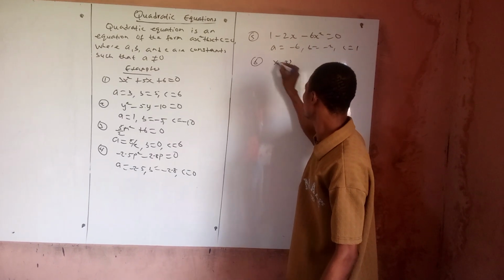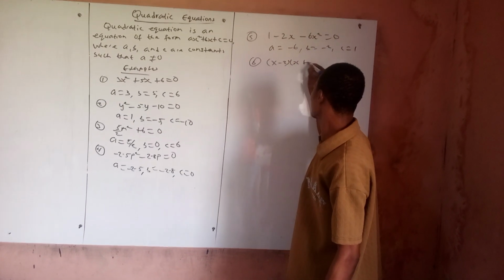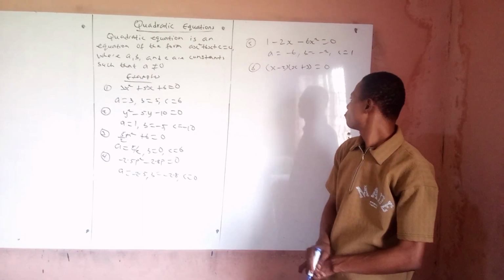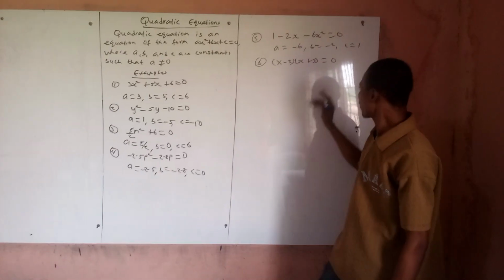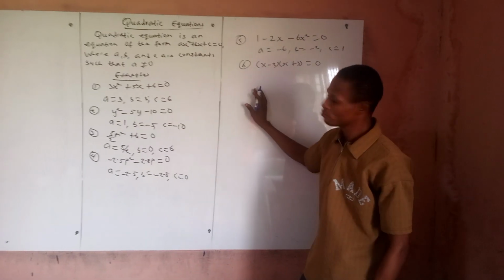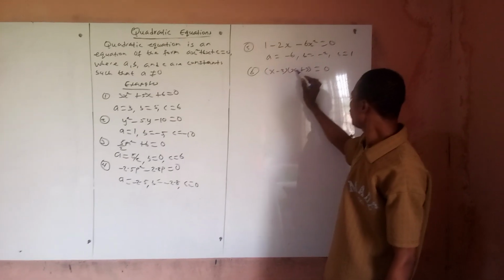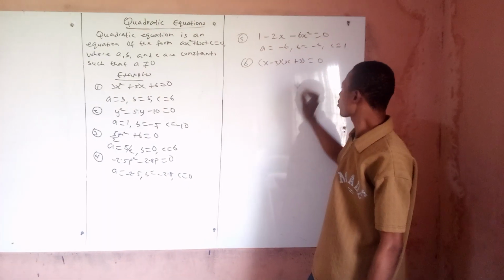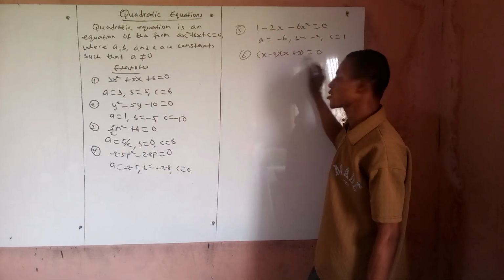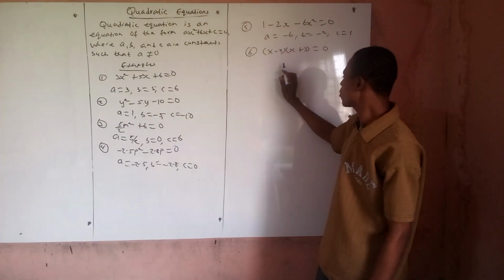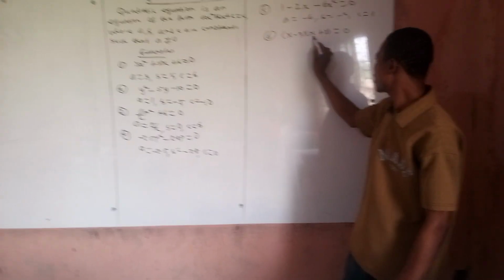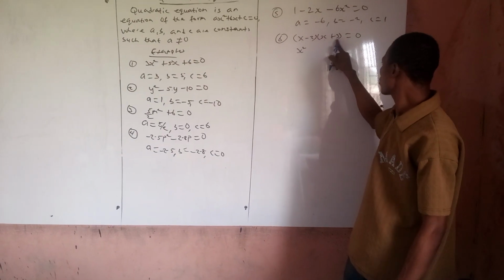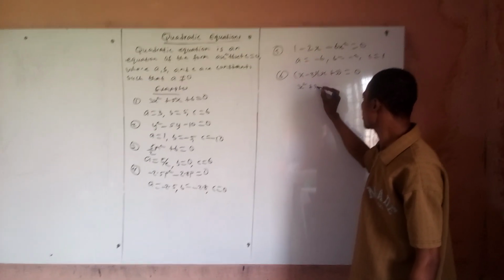Next: x minus 2 times x plus 3 equals 0. Is this a quadratic equation? You cannot just say yes, you cannot just say no. If you look at it, the power here is 1 and the power here is 1, but don't just conclude it is not a quadratic equation. Let's open the brackets. x times x is x squared, x times plus 3 is plus 3x.